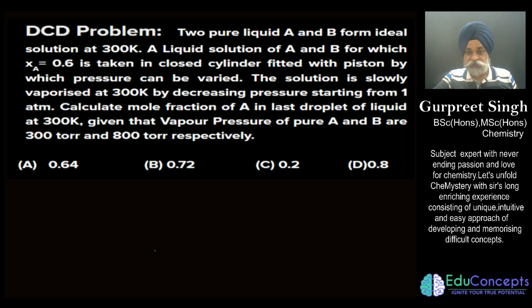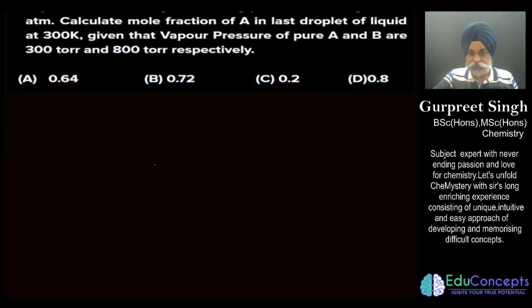This is the question which is being asked: there are two liquids A and B which are forming an ideal solution at 300 Kelvin. So what you have taken is a liquid solution containing A and B, for which the mole fraction of A is 0.6. So they have taken a container.